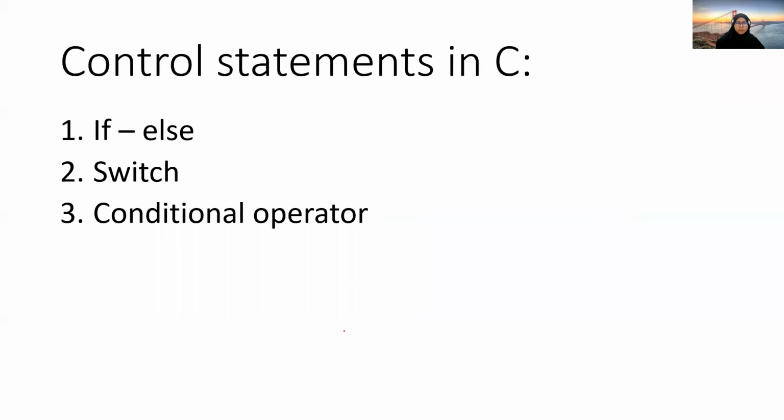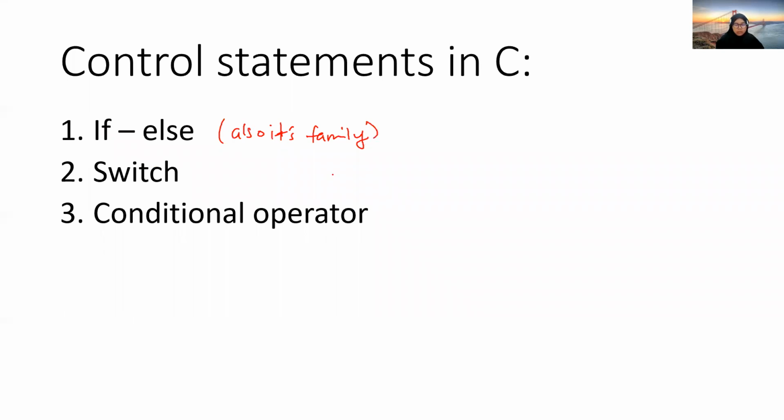In C programming, we have three types of control statement. Number one is if, and also if else, and the family of this. What does it mean by family?